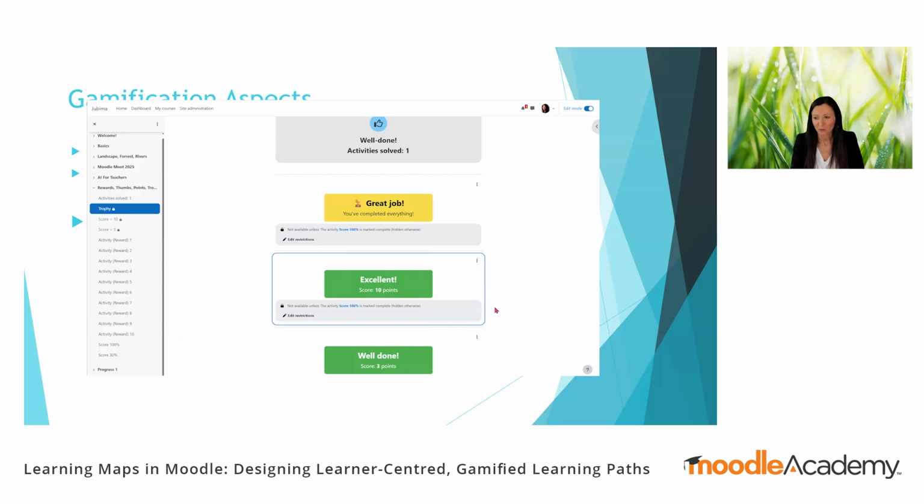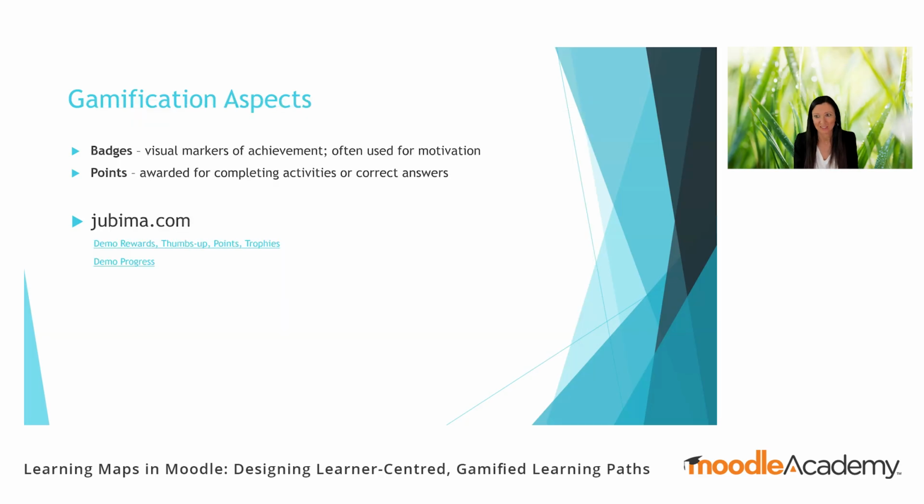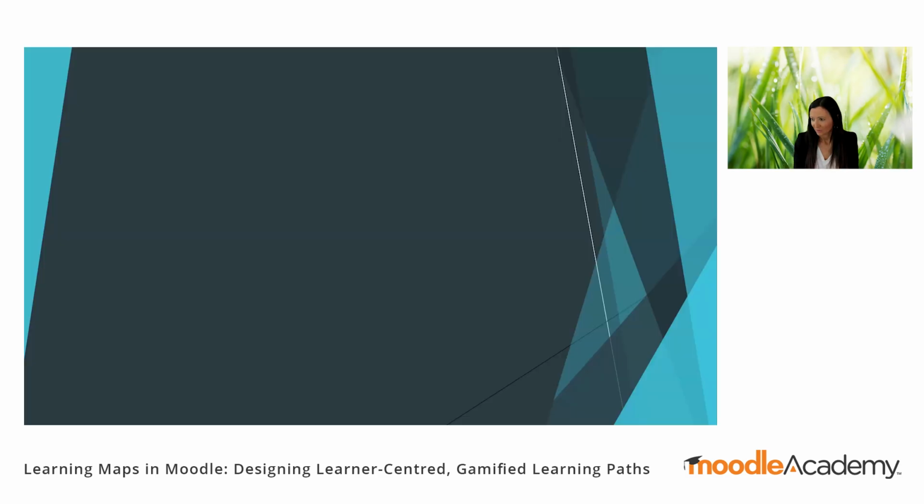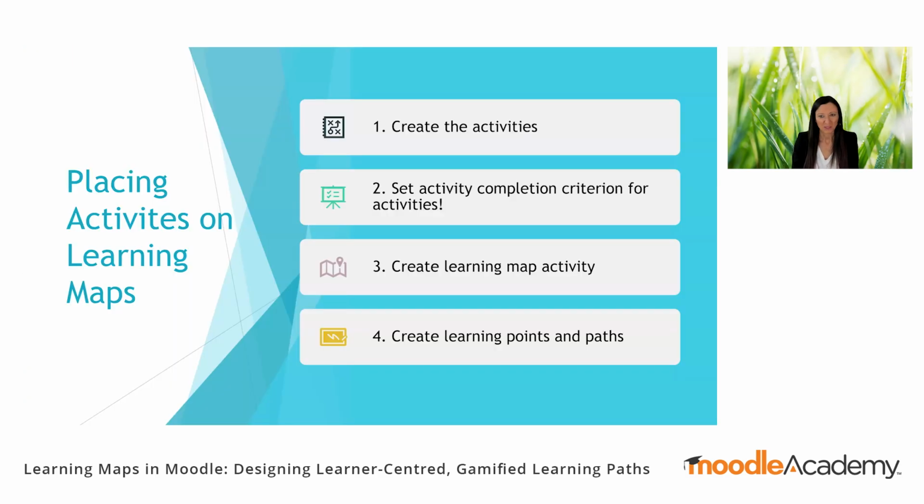No, now before I go on with the progress part, let me return to the presentation. Otherwise, I'm not showing you how you proceed when you want to do this yourself. My advice: first, create the activities the way you always do it. Don't even think about the map, just create your activities.